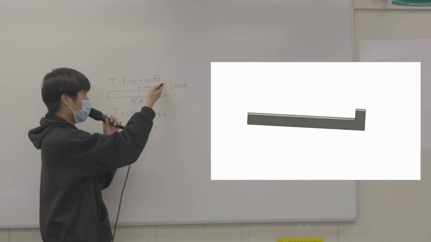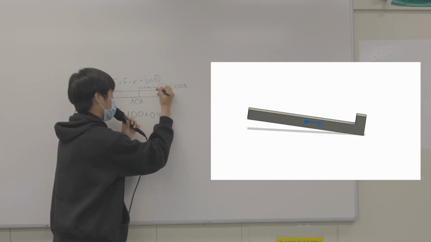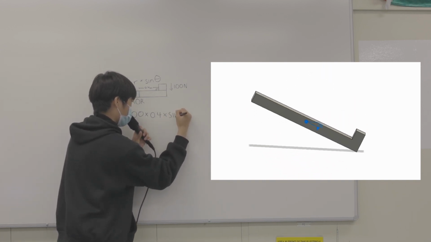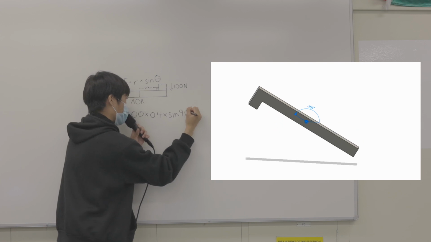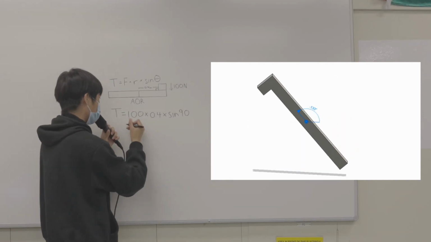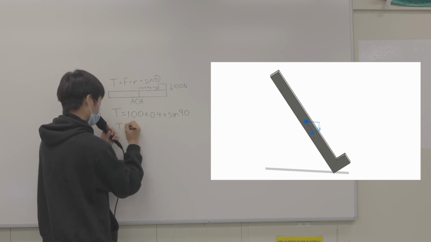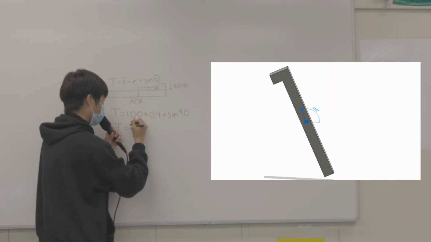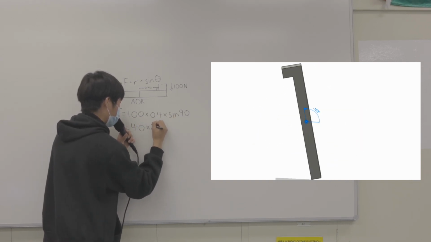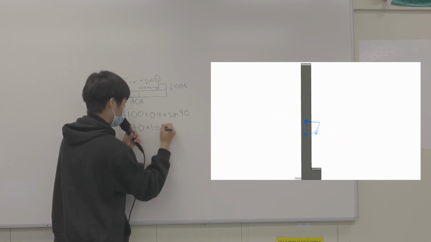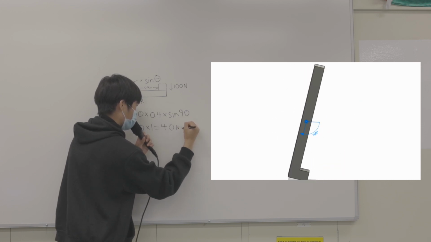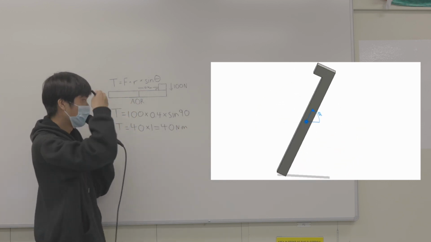Since the block is directly on the object, the angle is 90 degrees, so we have sine of 90, and sine of 90 equals 1, so it's not really factored into the equation here. So torque is equal to 100 times 0.4, which is 40, times sine of 90, which is 1. So torque would equal 40 Newton meters, and that is the unit for torque.